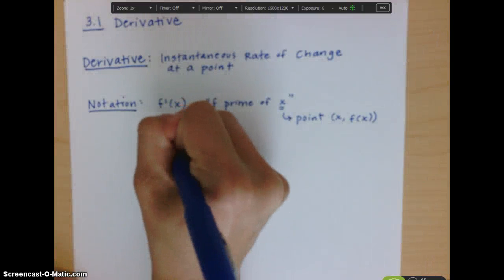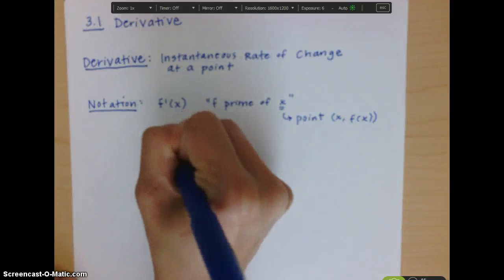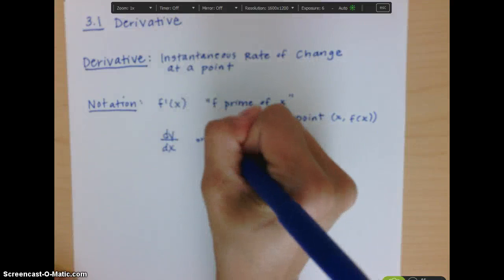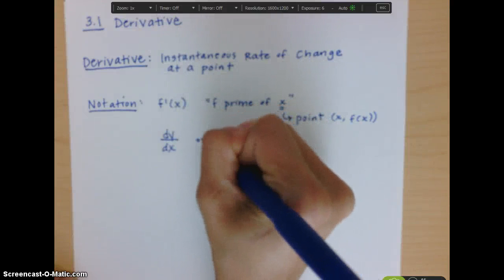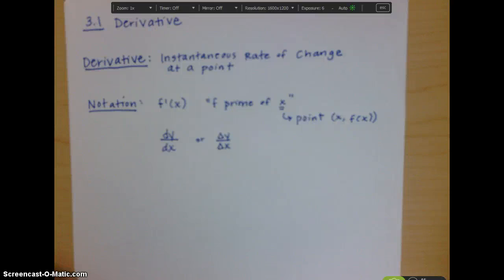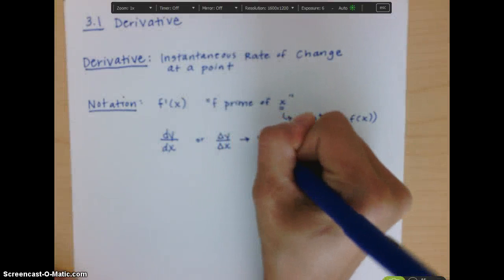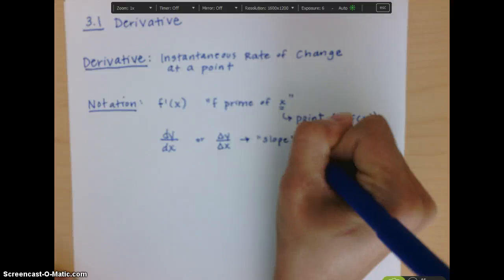We also have this other common notation, dy over dx, which we can also think of as the change in y over the change in x, and you may be familiar with that triangle symbol to represent change that we've possibly seen in algebra. But that's what we're looking at here. We're looking at how y changes in comparison to how x changes, and commonly that is slope.